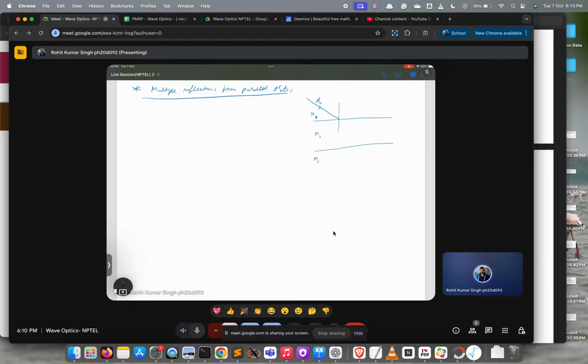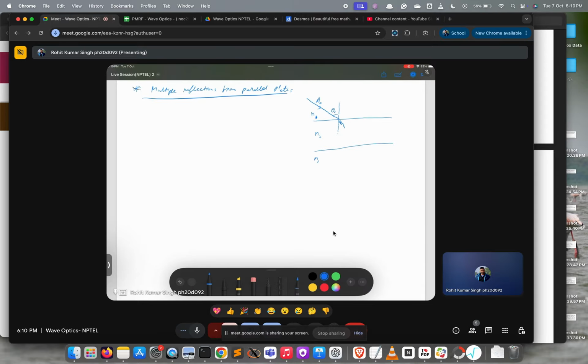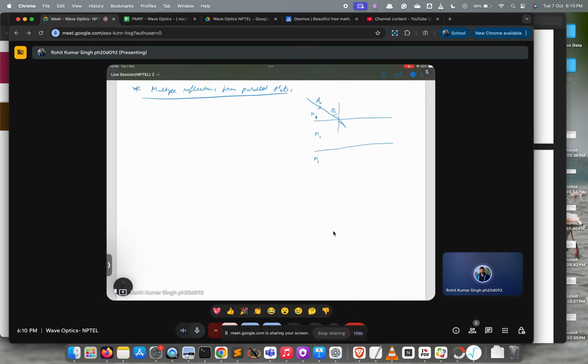This is the normal, and this is the angle of incidence theta 1. The refracted light goes like this, with angle theta 2, and there will be a reflected light like this.